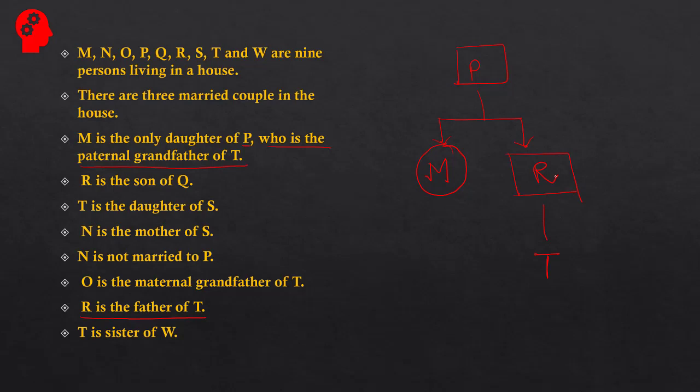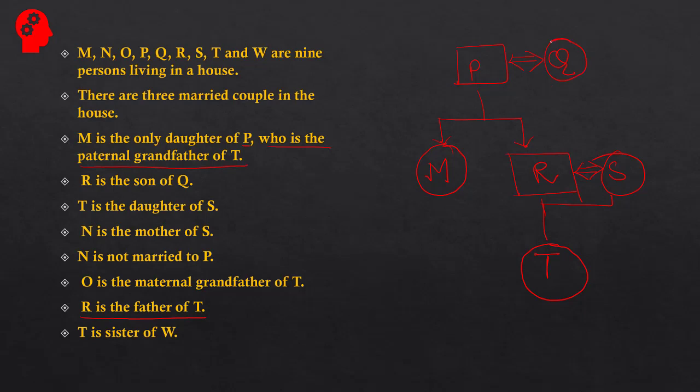R is the father of T. T is the daughter of S. So T happens to be a female. If T is daughter of S as well as R, that can only happen if R and S are a couple. R is the son of Q. This will lead us to that Q is married to P.